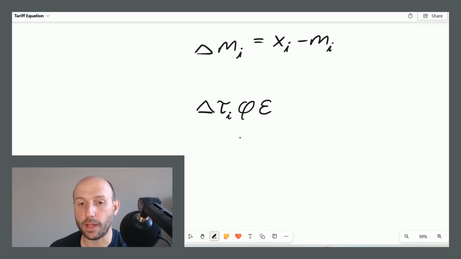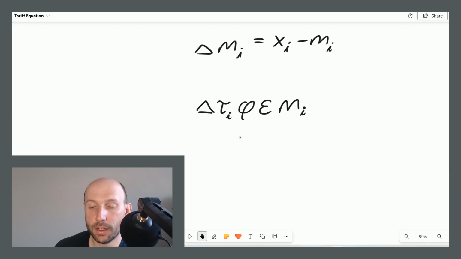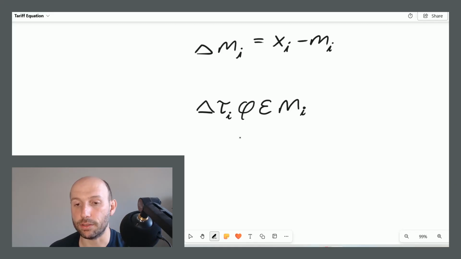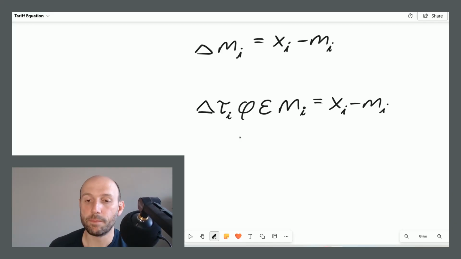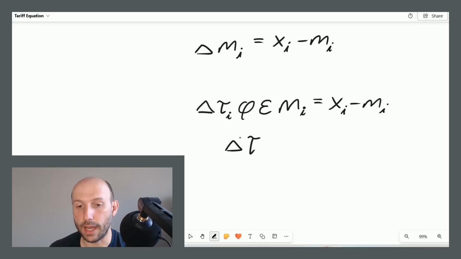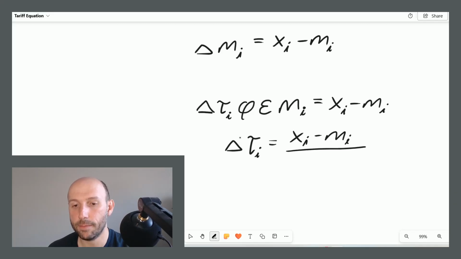And then we multiply that by the actual amount of imports that exists, and then we get the change in imports that needs to happen. And that change in imports is again the difference between exports and imports. Now we rearrange this equation to solve for tau I, and what do we get? Xi minus Mi divided by epsilon phi Mi.